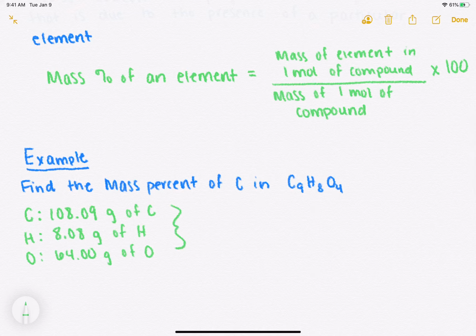And this is all in 1 mole of C9H8O4. Remember, that's the individual atomic masses of each atom combined to form the molar mass of the compound, which remember was 180.17 grams per mole.